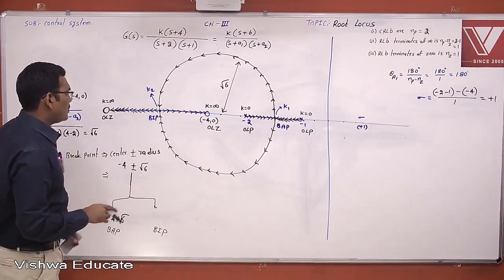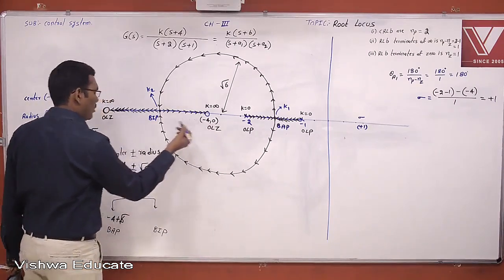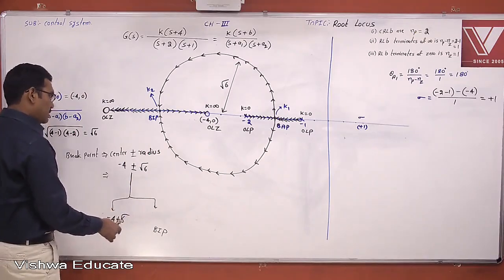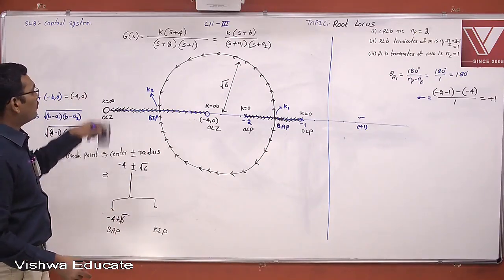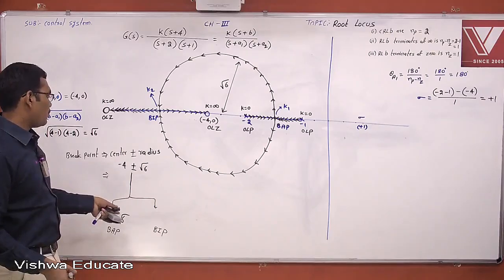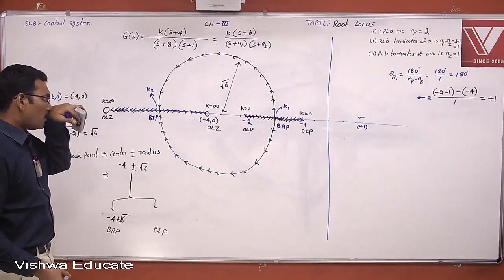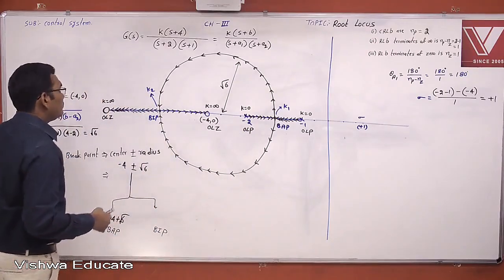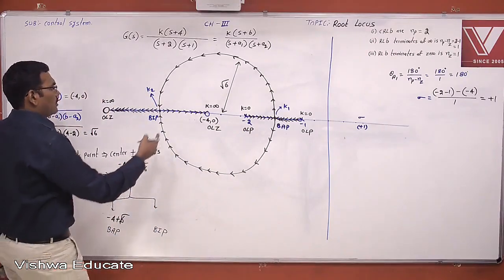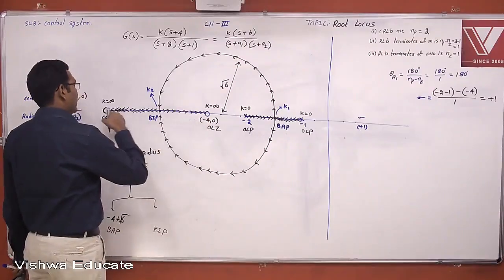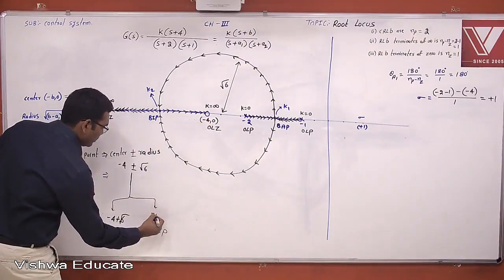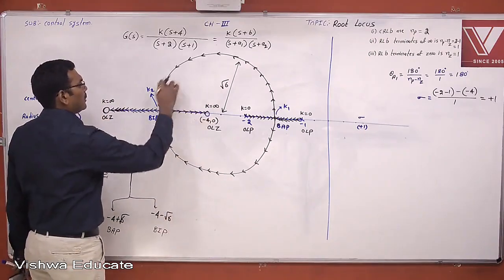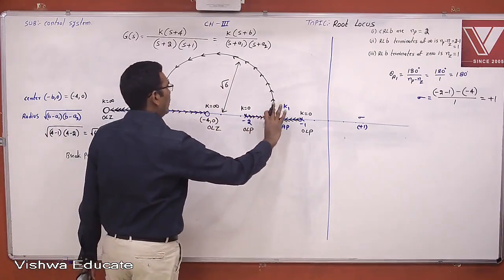Minus 4 is more negative, and root 6 is 2 point something, so minus 4 plus 2 point something is around minus 1 point something. This is the breakaway point and this is the break-in point. The break-in point is after minus 4 toward minus infinity, therefore this is minus 4 minus root 6. So this is the break-in point and this is the breakaway point.